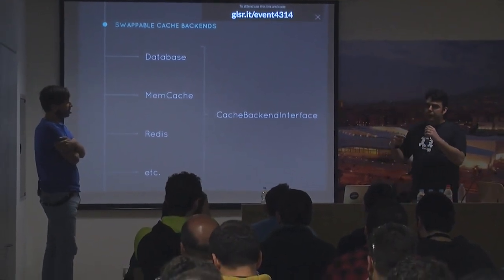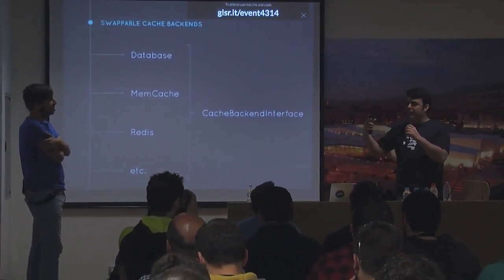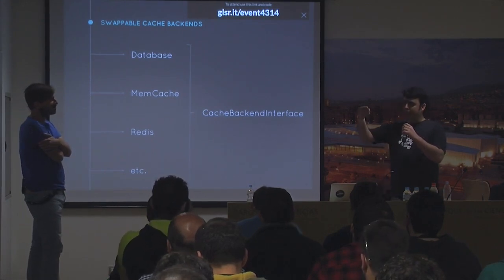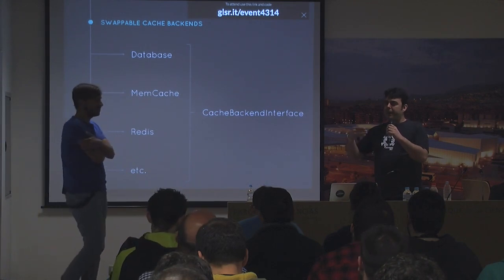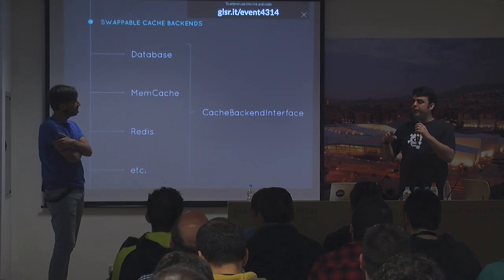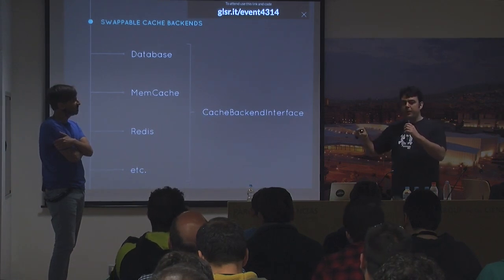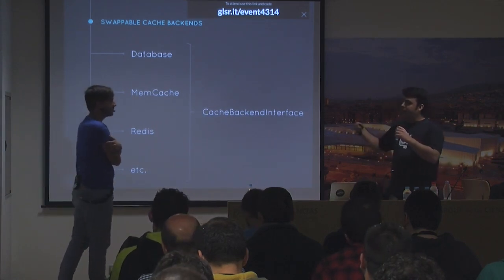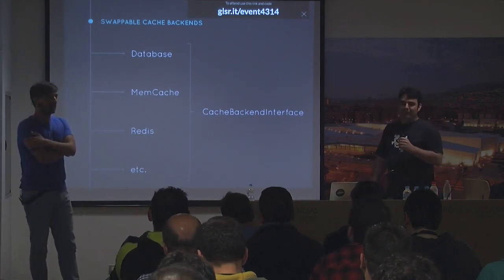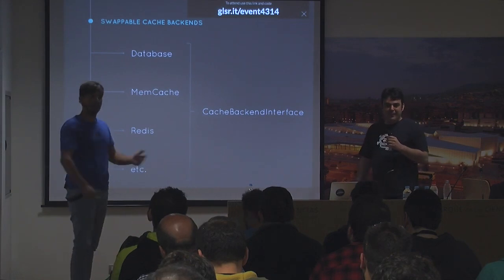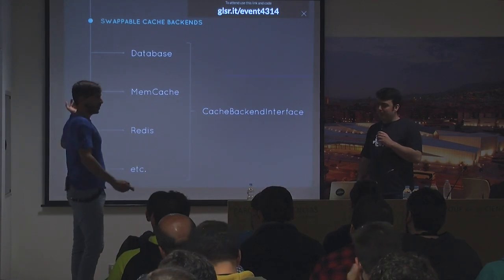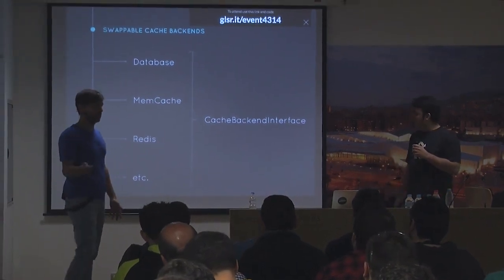Core, for example, uses the fast chained backend by default, which means you have APC on the first level, and then you can have database or memcache or another, and Core takes care of the consistency of the system for you. But you can implement your own chained interface. That's pretty cool: when you restart your server and memcache is completely cold, APC is completely cold, but you have your cache in the database, so you can use that and then warm your fastest caches. So that's why they are chainable.